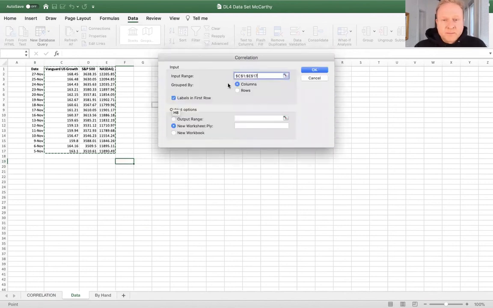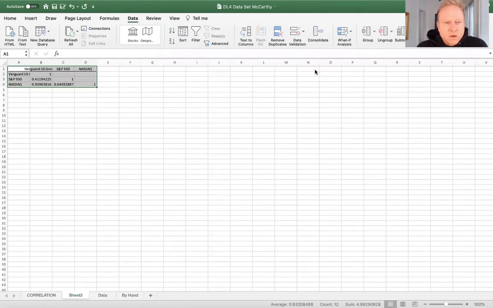So you include all of them, and then we're telling it to group by columns because the data is in column form. The labels are in the first row, which means the first row are our labels. And then you hit OK, and here comes our numbers.